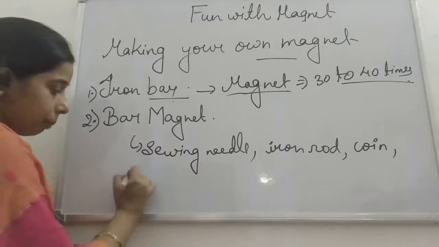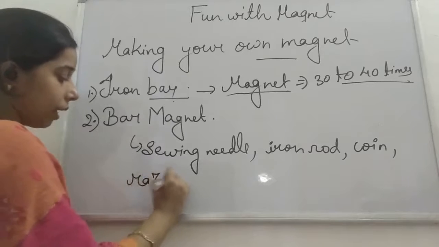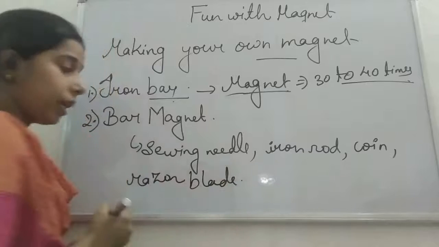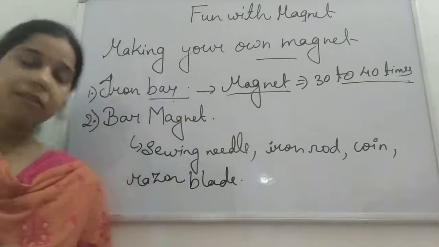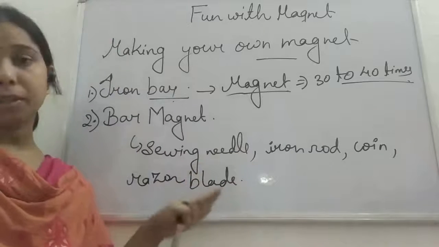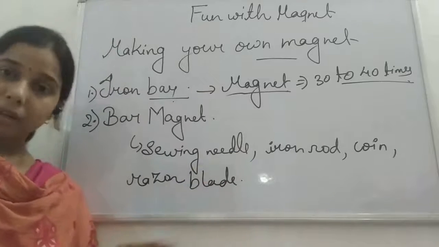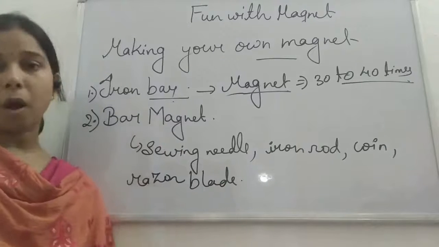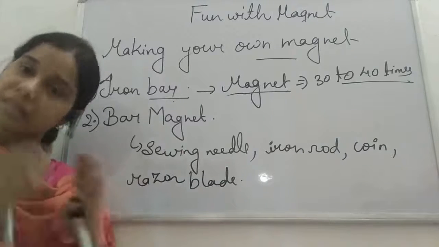Even the blade also, student. If you see the razor blade, we can convert it as well, because it is made up of steel. So if you want to convert any of these magnetic materials into a magnet, we will do the same process.